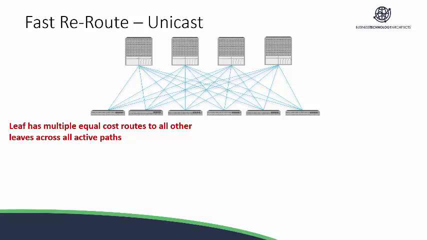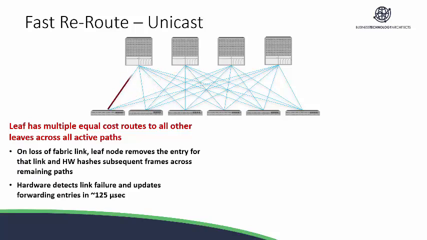All leaf nodes have multiple equal-cost routes to all other leaf nodes across all fabric paths. On loss of a fabric link, the leaf node removes the entry for that link and hardware hashes subsequent frames across the remaining paths. The spines will forward all subsequent traffic to any remaining leaves on detection of direct path loss to the target tunnel endpoint address.